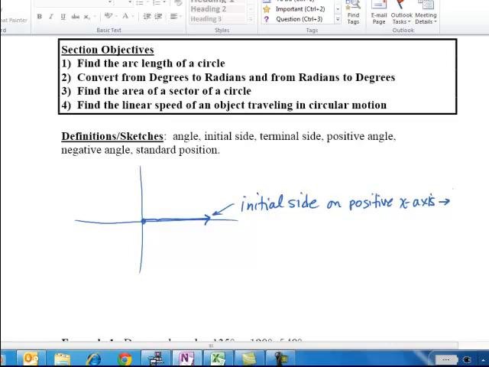That's what we call standard position for an angle.